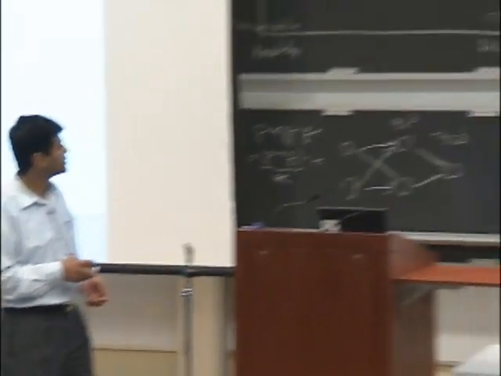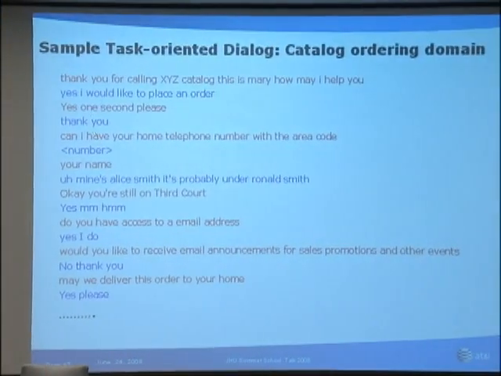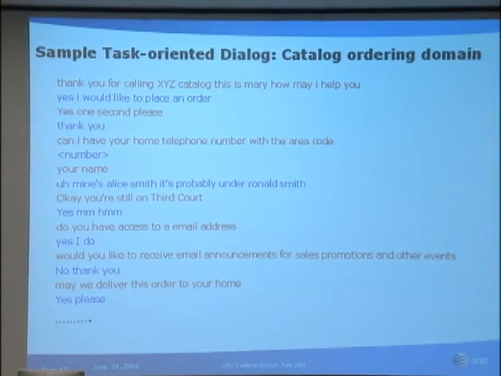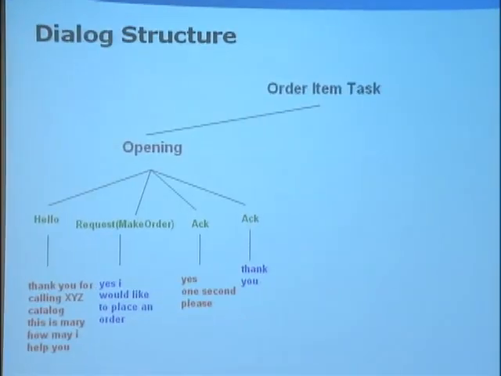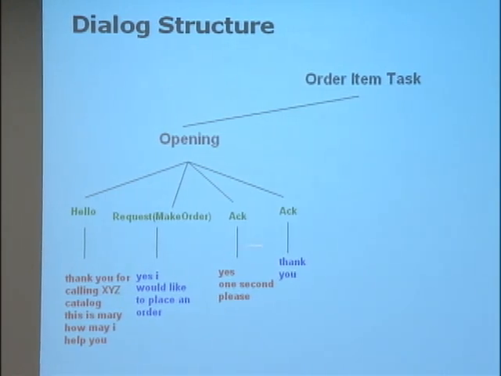So here's a sample dialogue, and the agent and the customer are alternating here. And you want to structure that into something like this. So there's an order item task, there is an opening sequence which says thank you for calling XYZ catalog, and then this utterance is tagged with the word hello. This level of tagging is called dialogue act tagging.